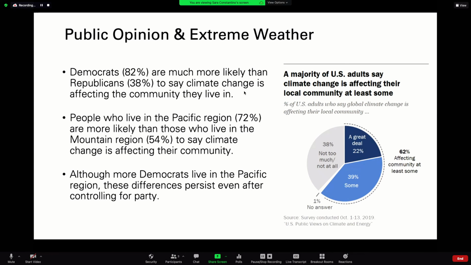But although more Democrats live in the Pacific region, these differences exist even after controlling for party, which means that even Republicans or independents in these regions are also reporting this higher occurrence of and concern about extreme weather events.